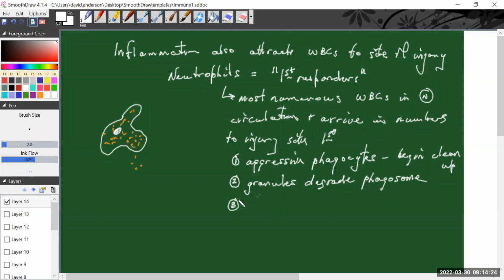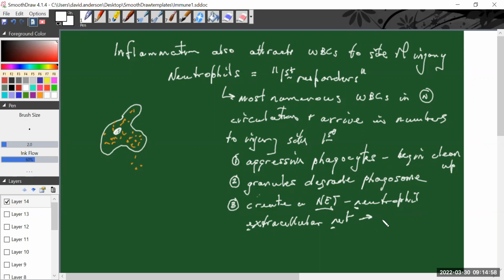And one of the things that's relatively new that we understand that these neutrophils do is that they create what's been acronymed as a NET. It's a neutrophil extracellular net. Neutrophil extracellular net.